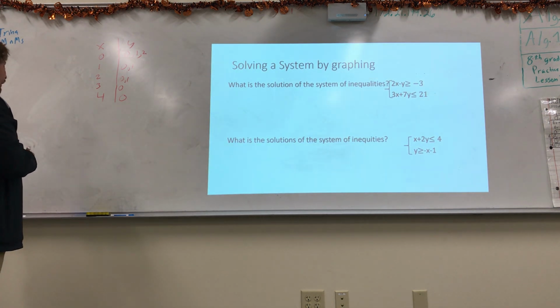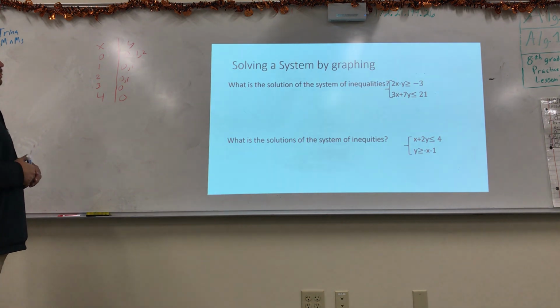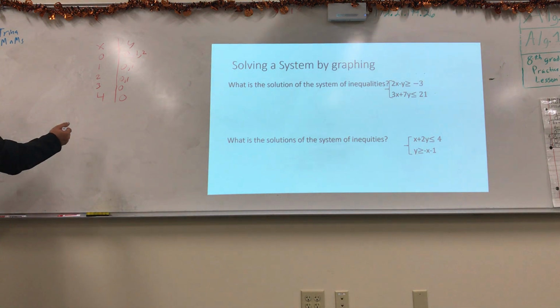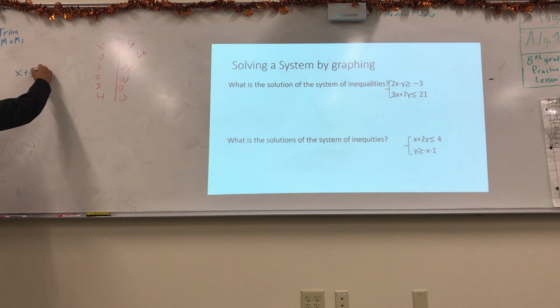Good. Well, we need to make the second equation correct. Okay? Now, right off the bat, this one isn't necessarily easy because of the fact that you don't have it. Well, you could move that x over to the other side by adding, and you get x plus y is greater than or equal to 1.